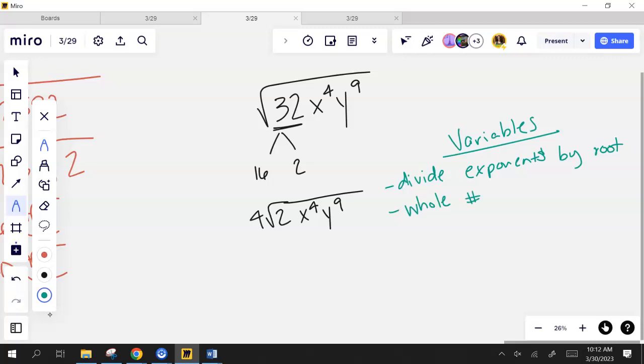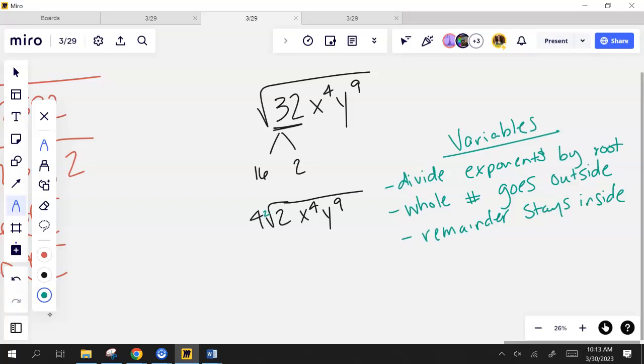The whole number that it goes into goes outside. I think this might not make sense as I write it, but hopefully when you put it alongside the example, it'll make sense. And the remainder stays inside.